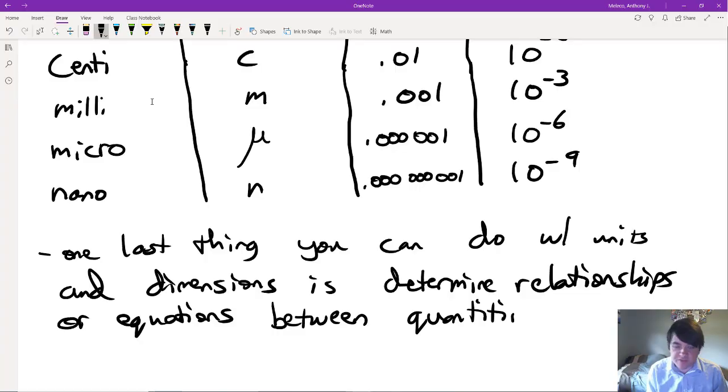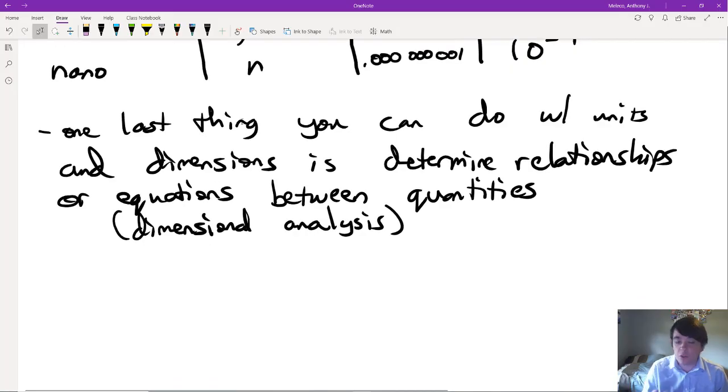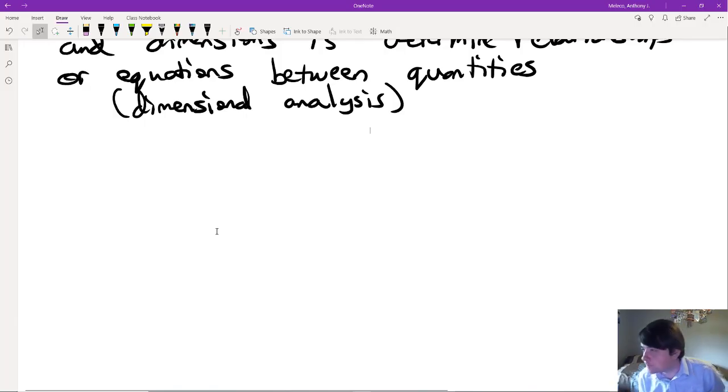So for example, say you're taking an exam in this class and you don't know what the equation is and you can't figure out what the equation is. You can actually use what's known as dimensional analysis. This is a form of dimensional analysis that you're probably familiar with in chemistry. This one's a little bit different, to determine that, okay? And you'll see when we do examples, we'll do that kind of stuff.